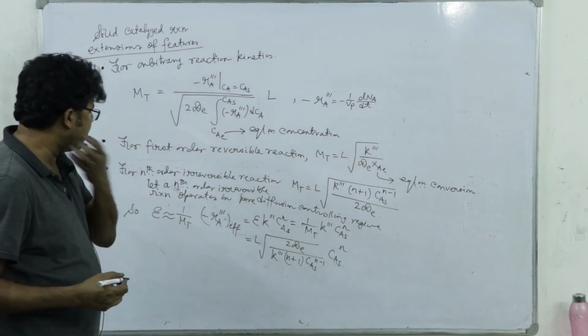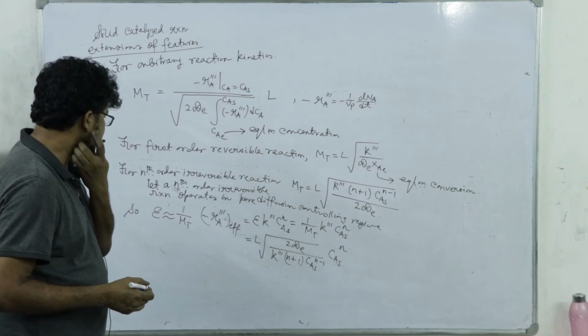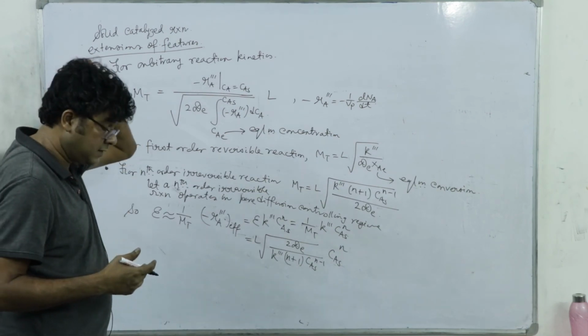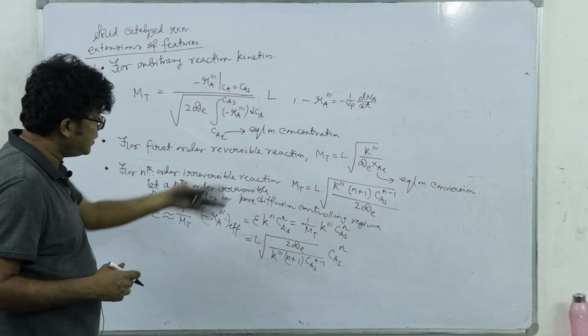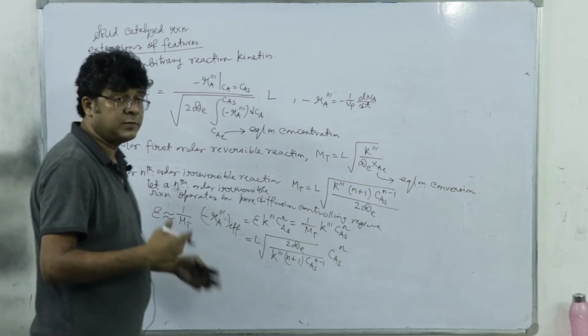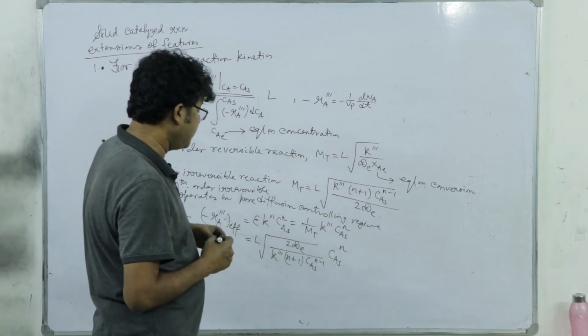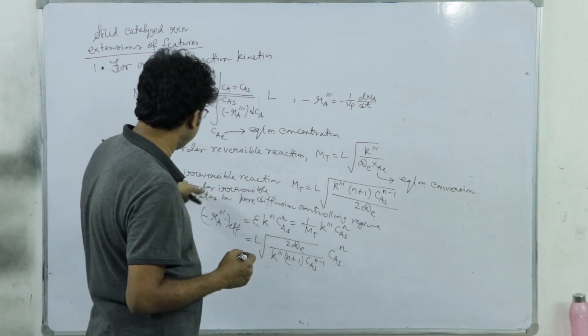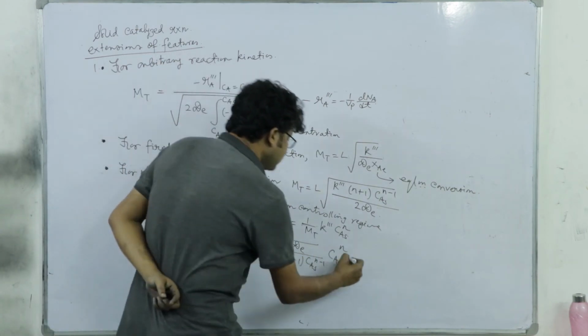There is a peculiar thing happening. In the effective reaction, we will have a different order from that of the actual nth order. That is the apparent order of the reaction we observe if an nth order irreversible reaction operates in the strong pore diffusion regime. So, what will be the order here?